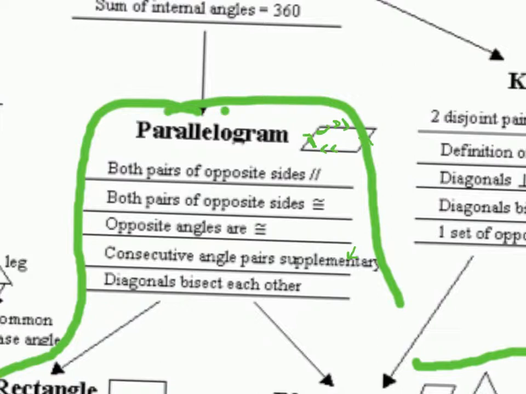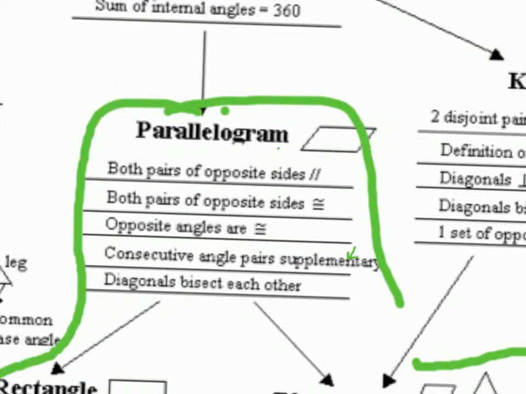Same thing if you go with the one on the left and the one on the right, that's going to be supplementary as well, because they're one right after another because of those parallel lines. If we extend these, that looks like the transversal. If you flip your head around, you might be able to see it. So consecutive interior angles are supplementary.